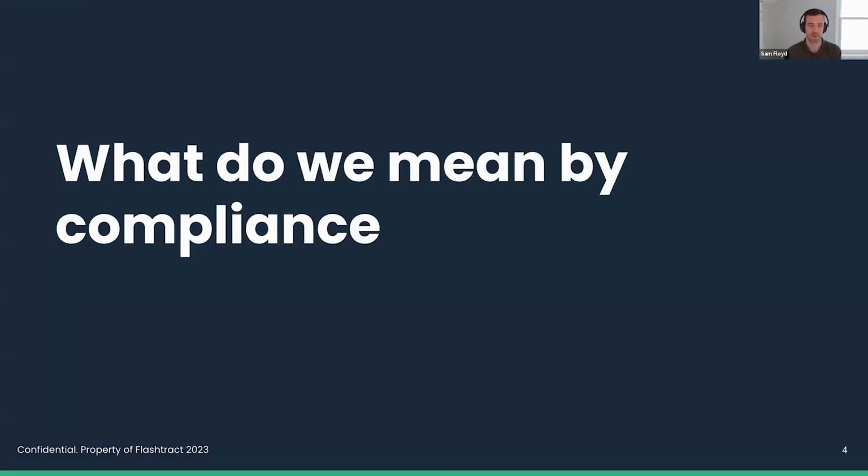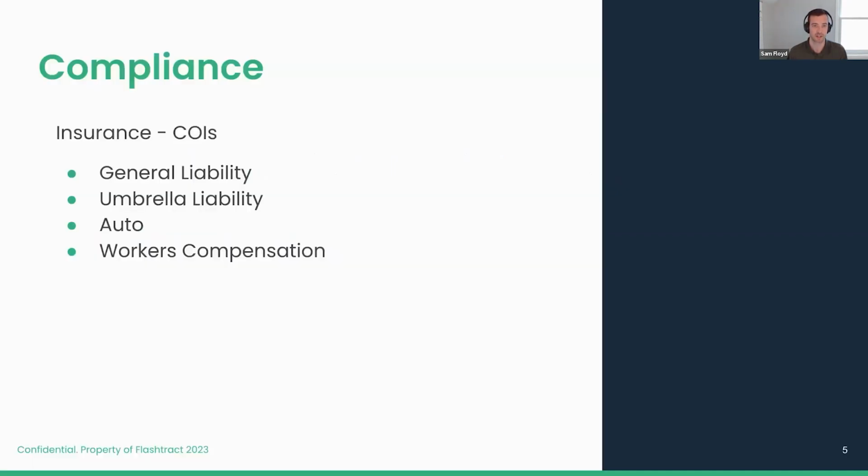And today we're talking about compliance. The email that went out, the invite for this, was the Flashtract Compliance as a Service offering. One of the things we wanted to do is take a step back and talk about what we mean by compliance. We work with a lot of different general contractors and subcontractors, and compliance can mean a lot of different things as far as billing or maybe payroll, but specifically for this webinar, we're talking about insurance.